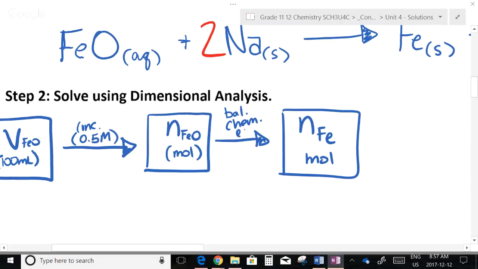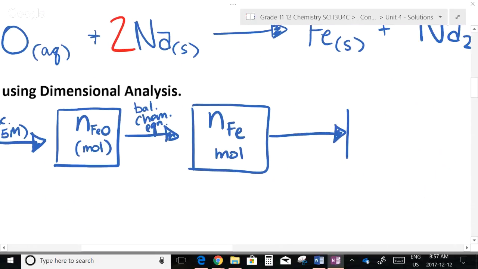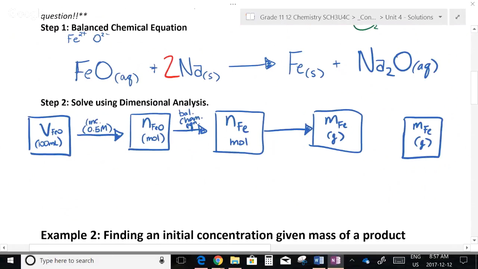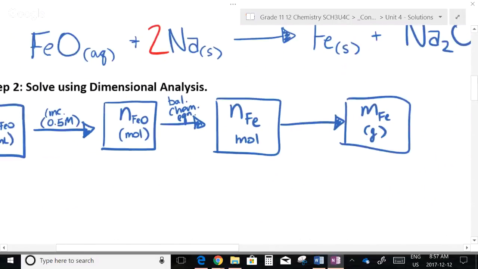And if I know how many moles of iron I have, then it's easy to figure out the mass of iron I have, how many grams. Does that make sense? Because to go from number of moles to mass, what do I need to know? Molar mass, good.